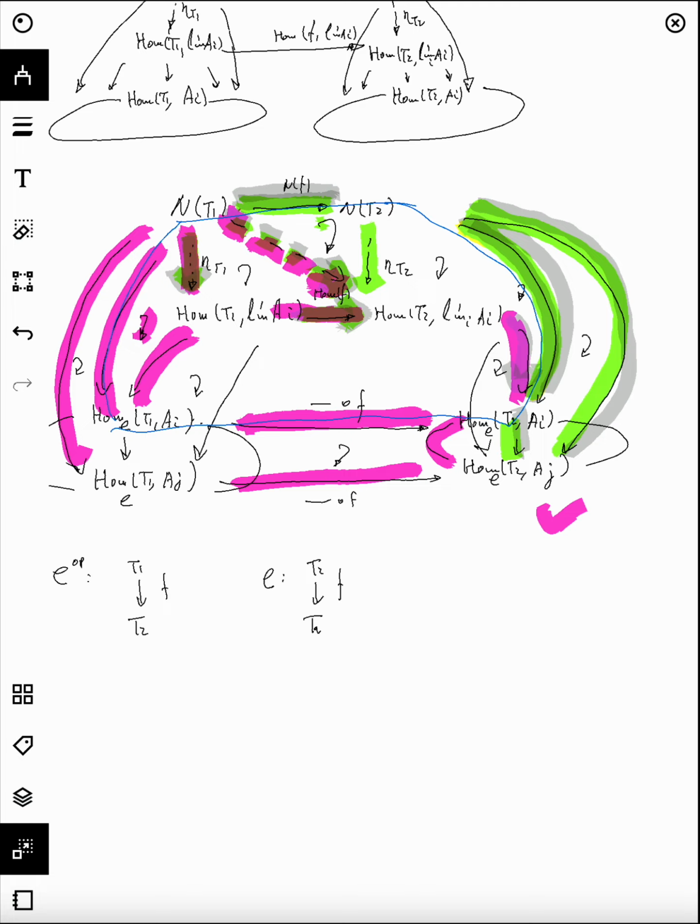As I said, this is commutative, which will tell you that this is commutative, and that will then tell you that this is commutative, and then by the definition of the red slash, this is commutative.